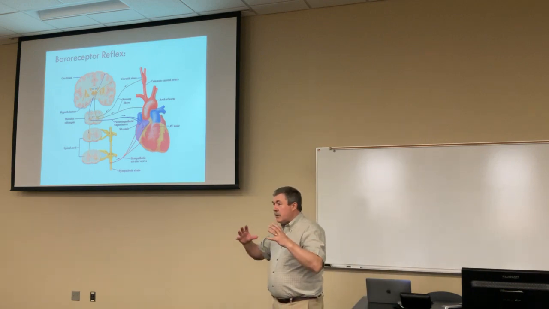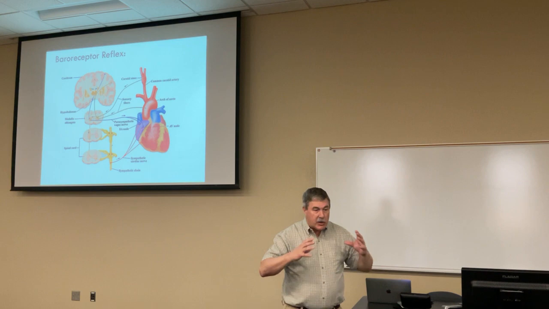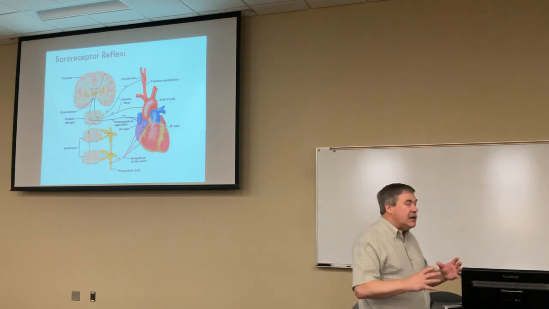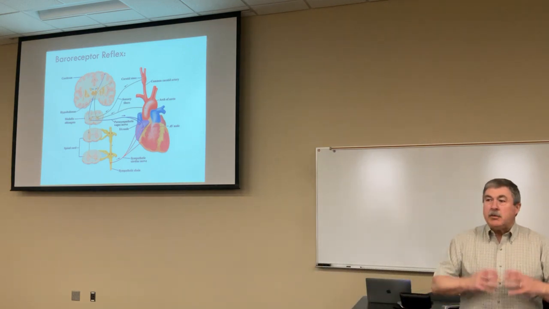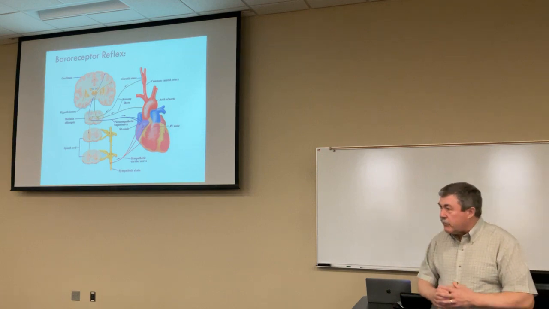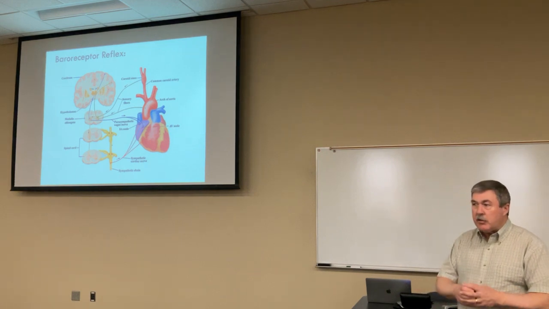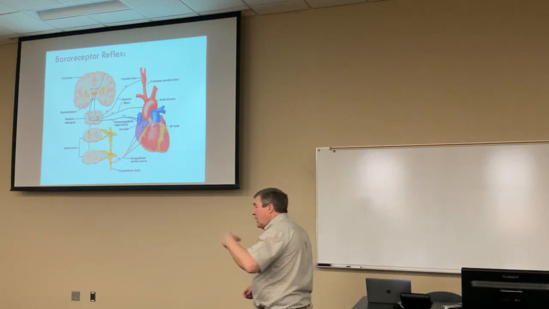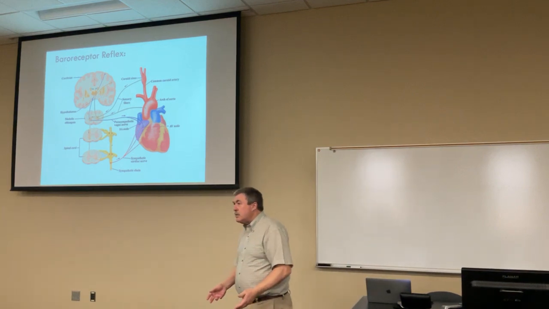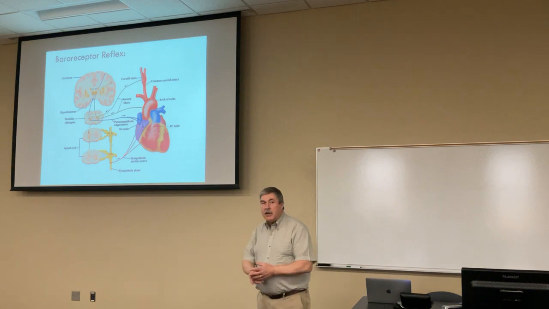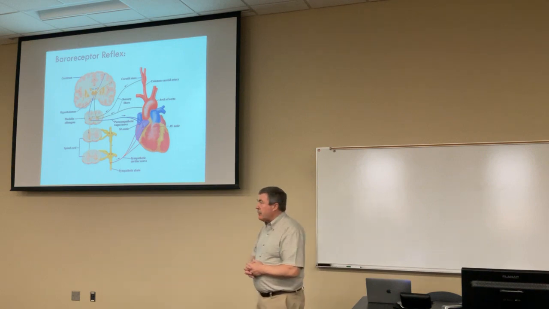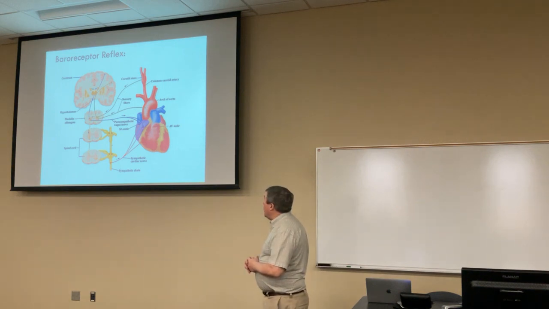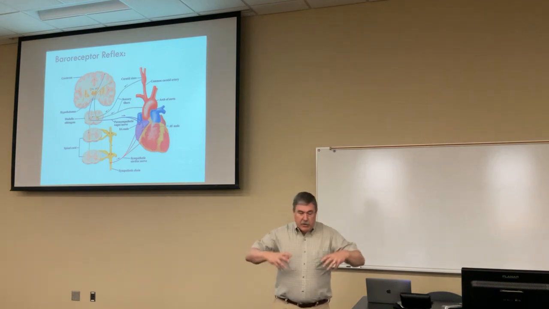When the diameter of the arteries increases, that decreases peripheral resistance. Peripheral resistance is another factor that affects mean arterial pressure. So both peripheral resistance and cardiac output decrease, so that's going to cause a decrease in mean arterial pressure. Okay. So that's what happens if blood pressure increases.